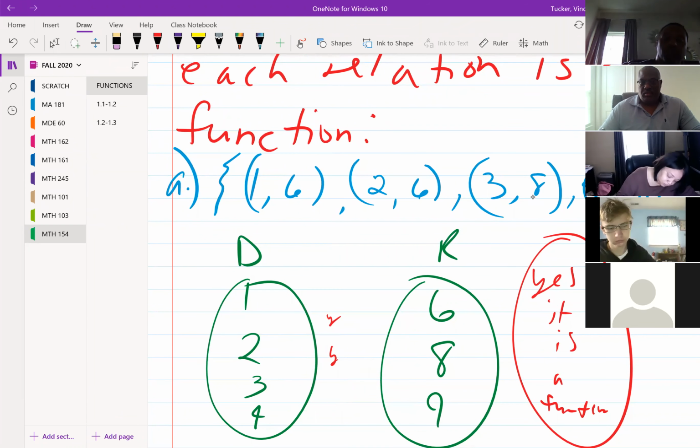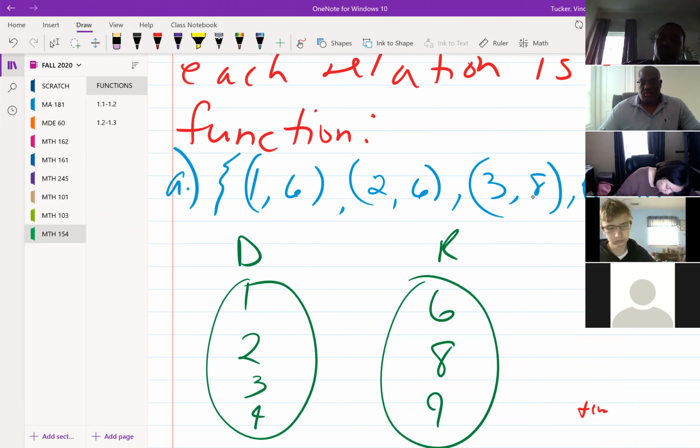So, here we have (1, 6), (2, 6), (3, 8), (4, 9), and we want to know, does this relation, remember a relation is just a set of ordered pairs, represent a function according to the definition that was just given?